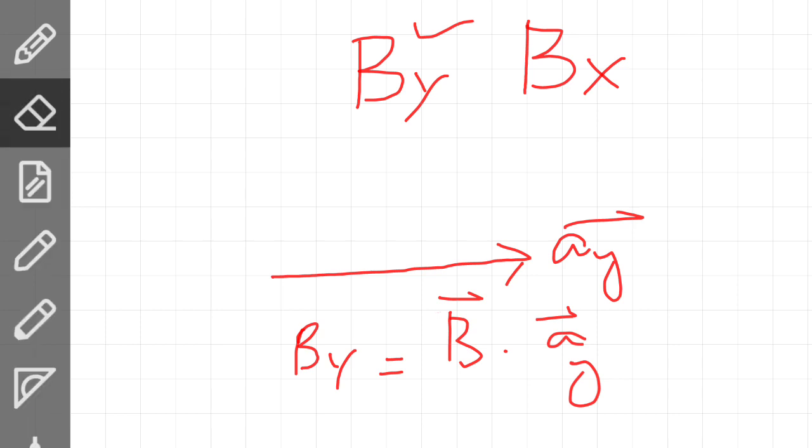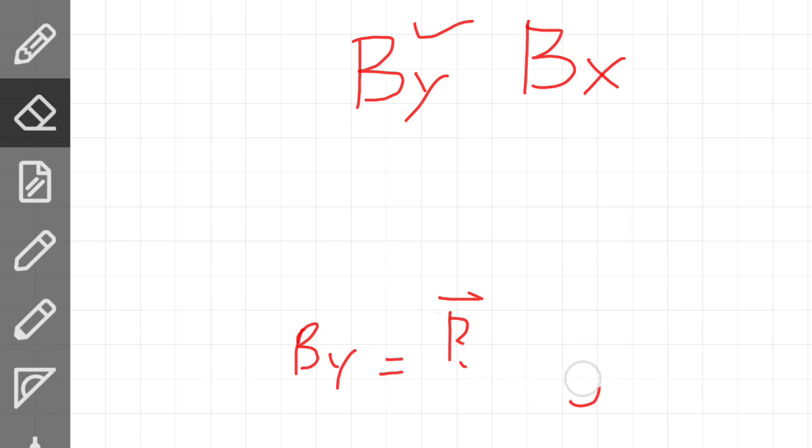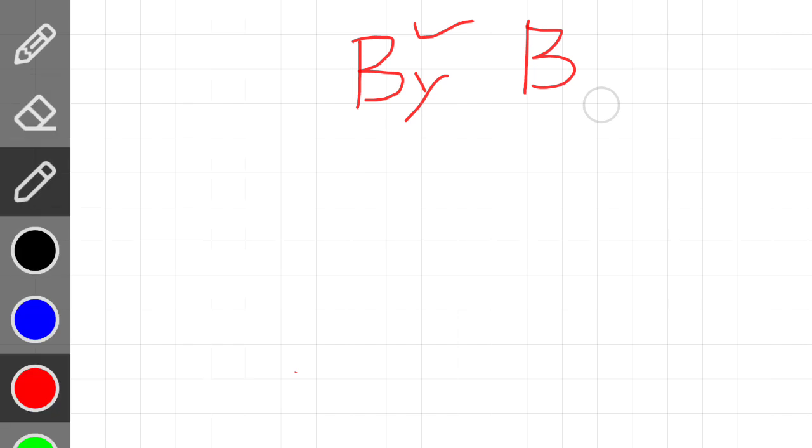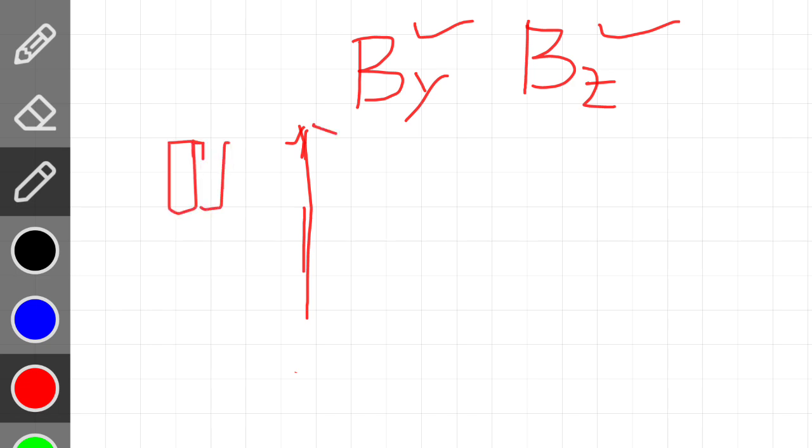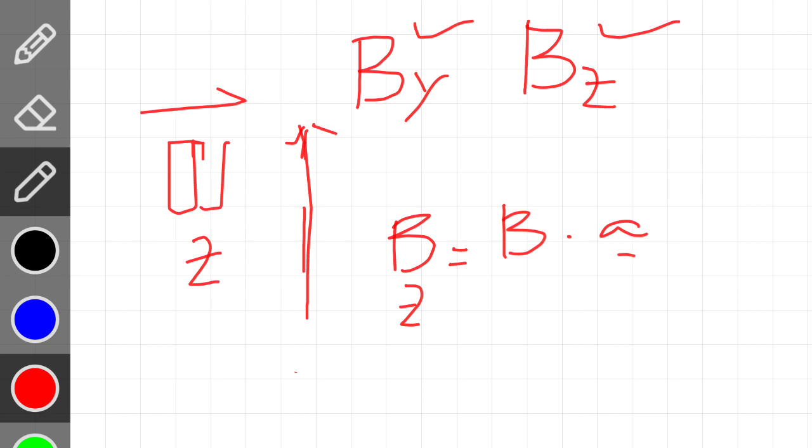If you want to calculate the z component of this vector, we need to consider the unit vector along z-axis, which is represented by az. So bz will be equal to b dot az.